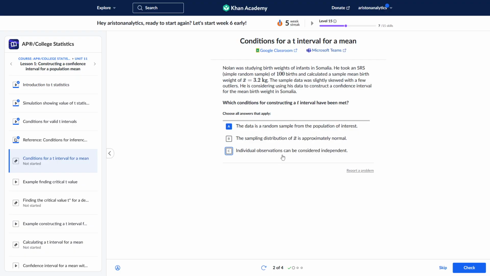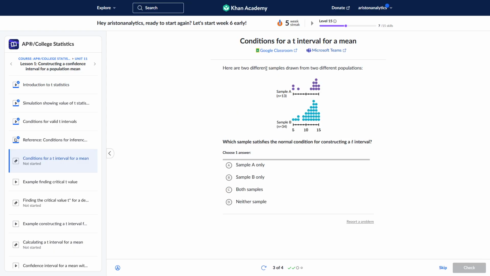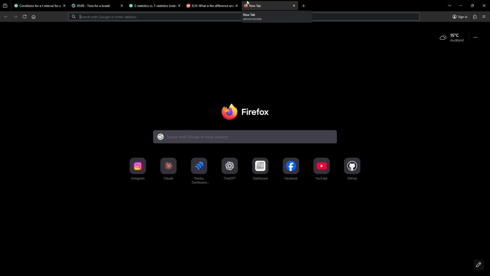Random. 100 births. Wait, hold on. Infants in Somalia. Okay, only sample B. This one is left skewed.